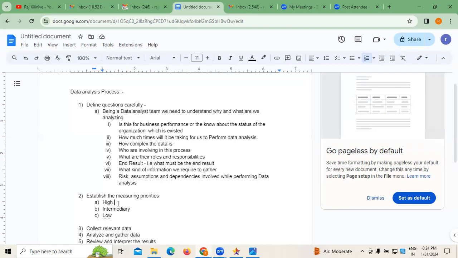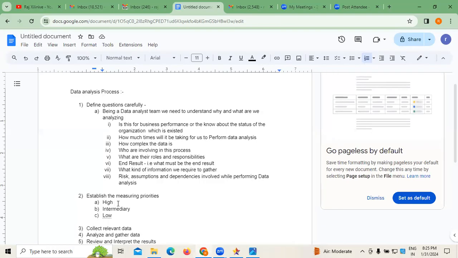Agreed, right? So in that context, whenever we are working on the priorities, these priority items will be categorized into three different parts. High priority data will be taken into the first category. Second will be intermediary priority, whatever priority is in reference to the intermediary. That all comes under intermediary priority.